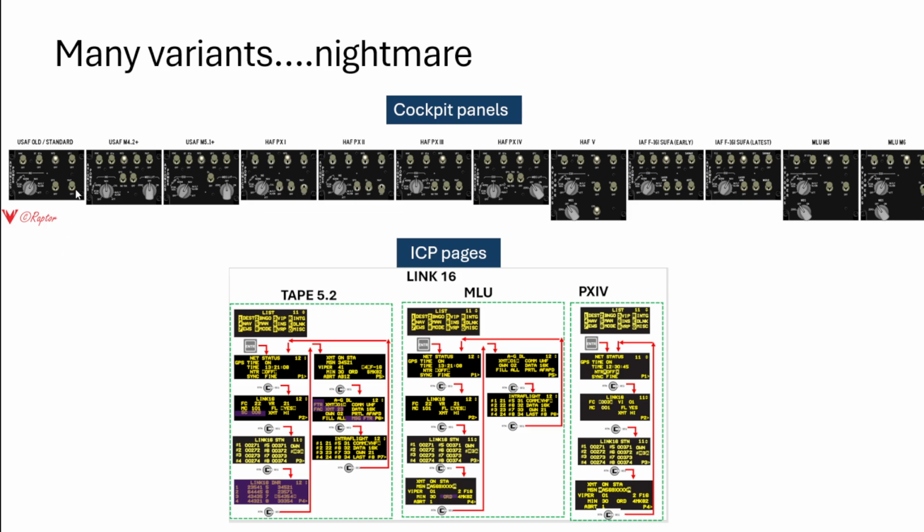On your right hip you have the MIDS, and there are different variations with the data link, without data link, where the knob is, and we have many of these implemented. The ICP pages, how they look for different variants. There are a lot of videos to go through. We implemented three of them. This was a lot of work, and Leech and Cougar did most of the research to implement these. So kudos to them.